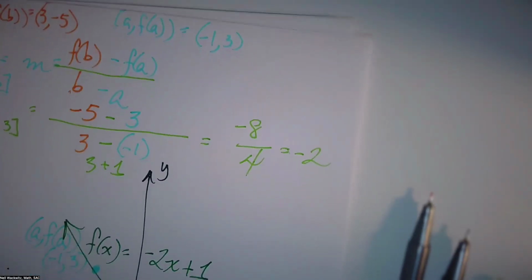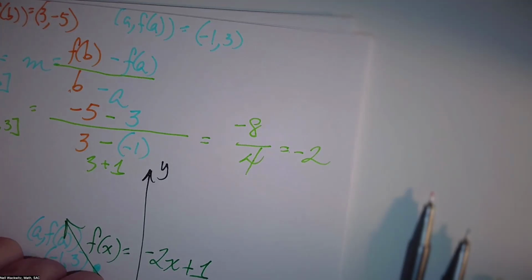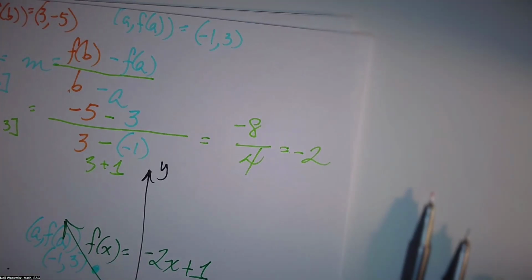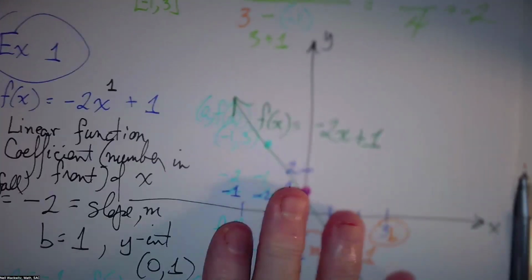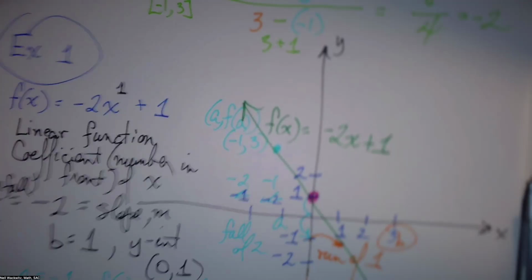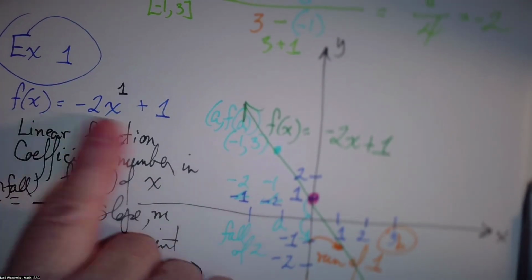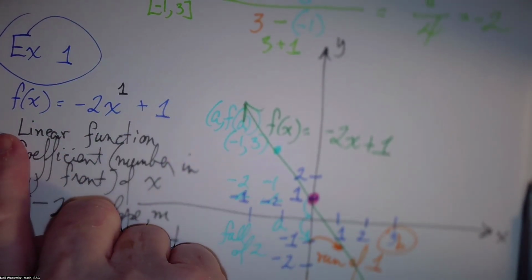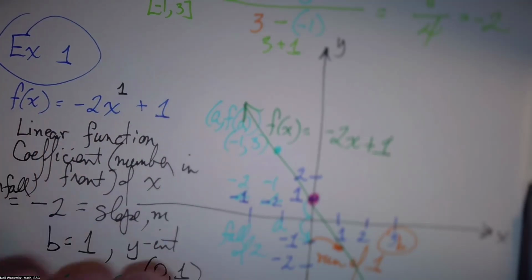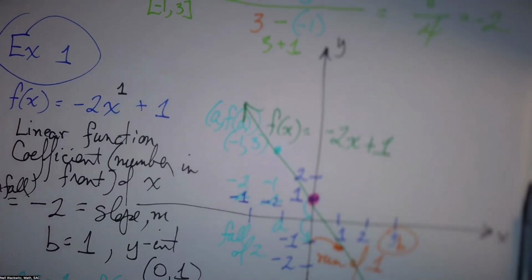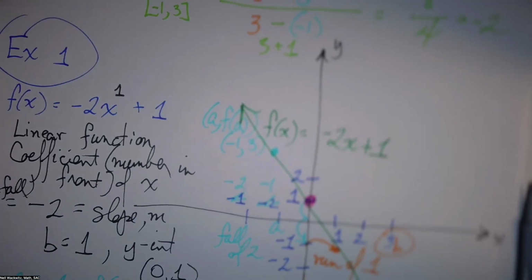Well, this is interesting. The slope of the average rate of change is the same as the slope of the original function. And remember, average rate of change is talking about a slope or an average associated with a function. So we got the average rate of change between negative 1 and 3 is negative 2.